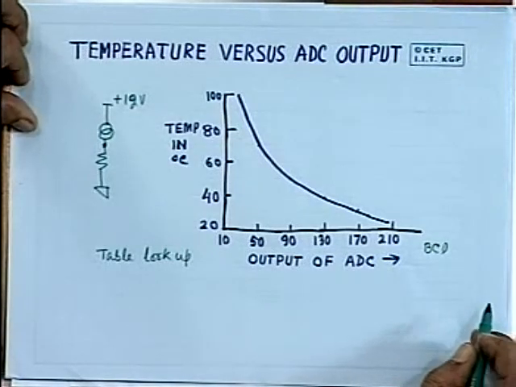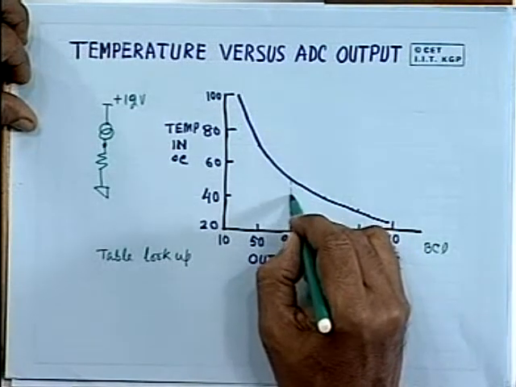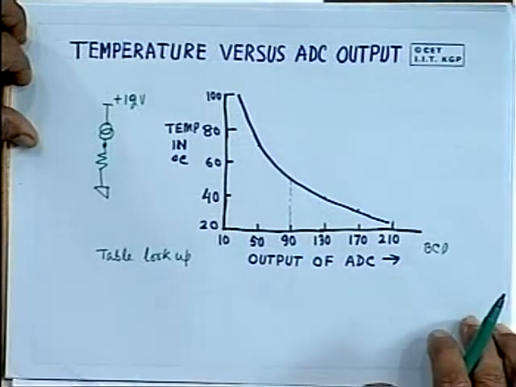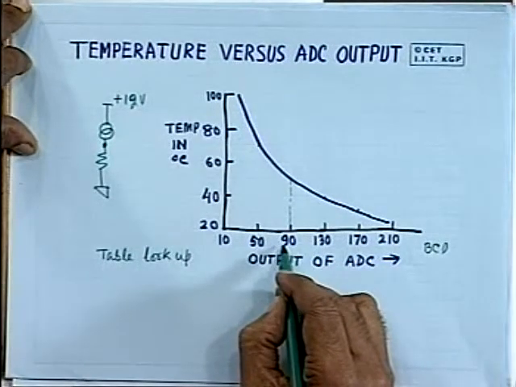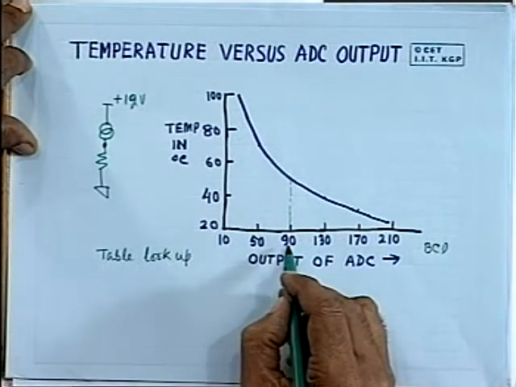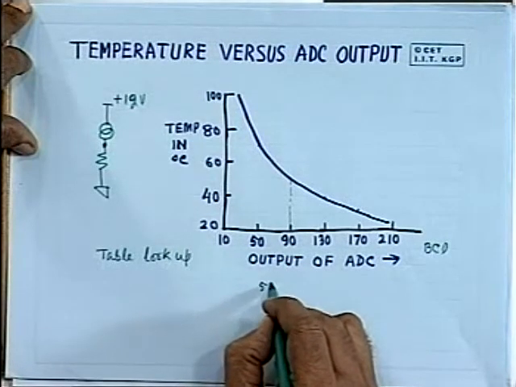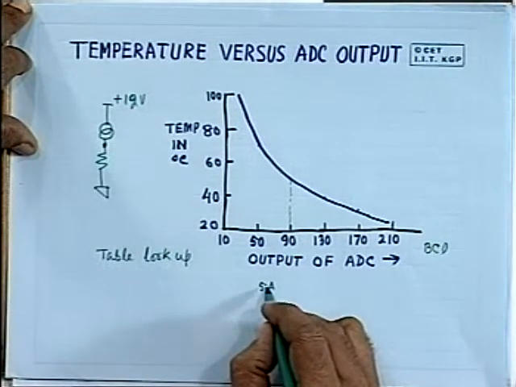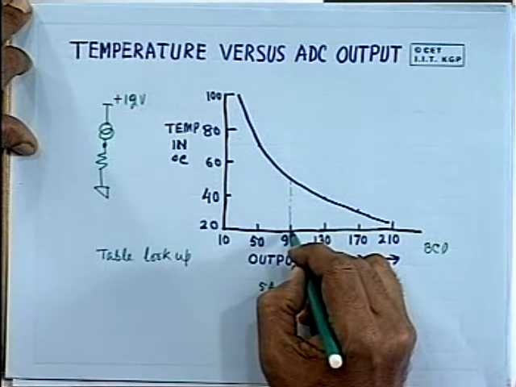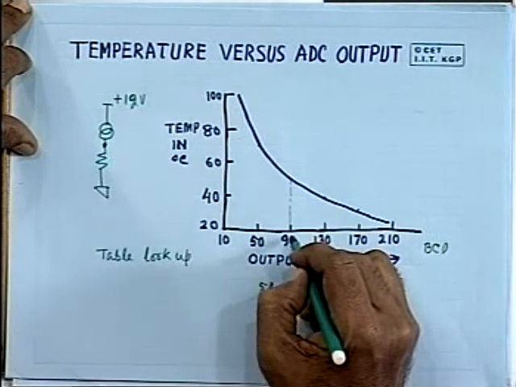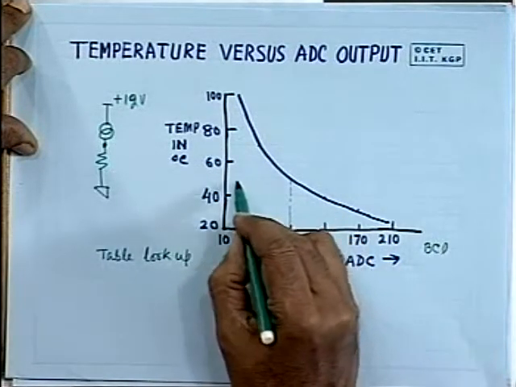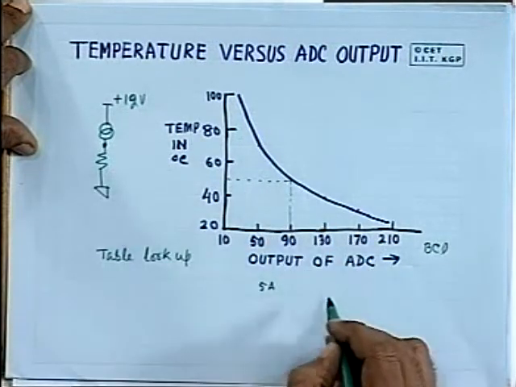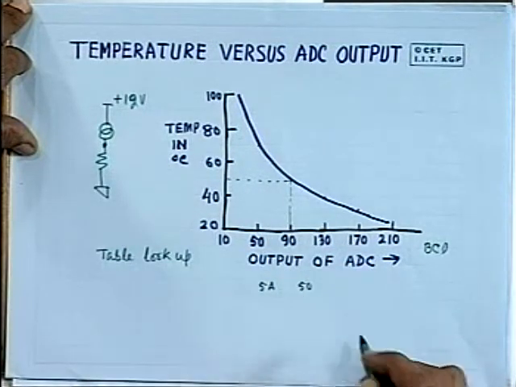How is the table lookup done? Suppose this is the digital value 90. 90 corresponds to 5A in hex. 5A in hex is the digital value, and for this digital value the corresponding temperature is 50 degree centigrade.